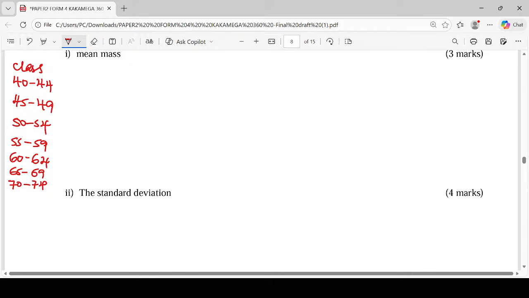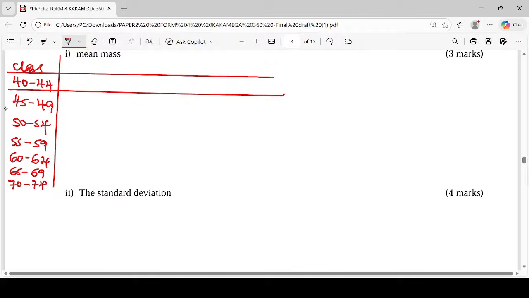Let us structure it in a very good and organized manner. Let me rule them so that we don't mix these concepts during the calculations.